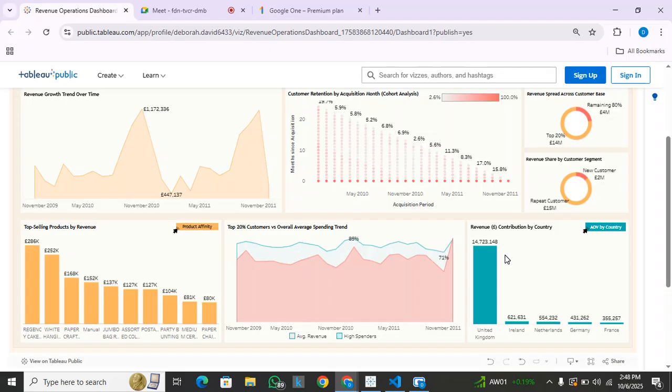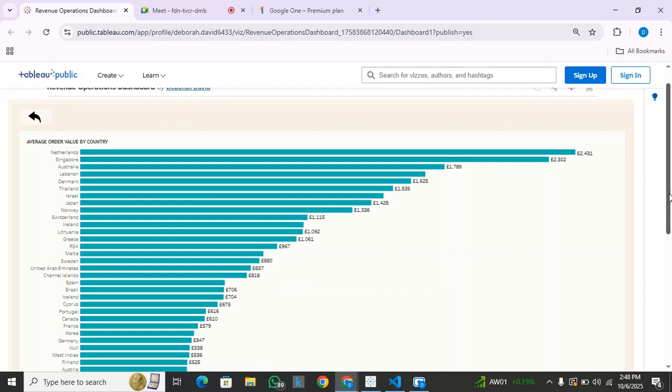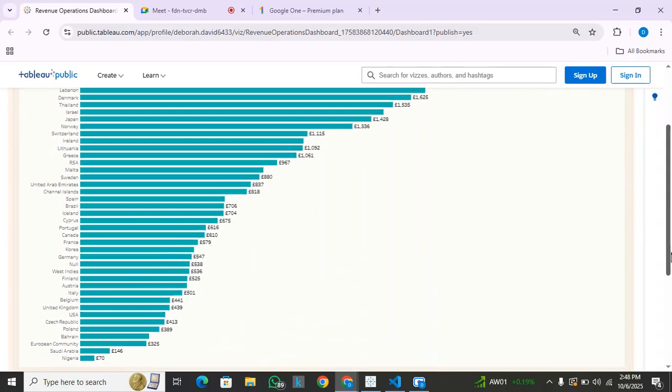Then the revenue contribution by country: UK is contributing substantially more than every other country. You can click here to see the average order value by countries, all of the countries actually. Netherlands is on top, followed by Singapore, Australia, and so on.